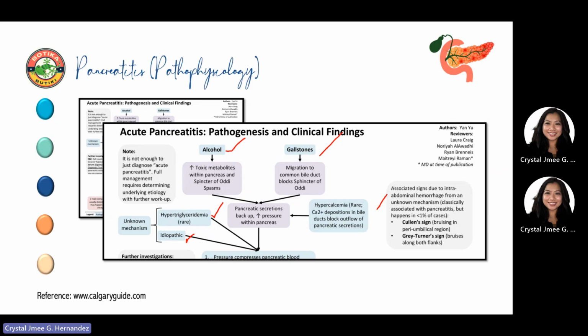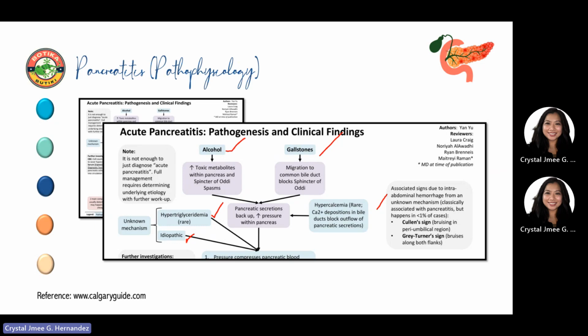Now, it should be noted that associated signs due to intra-abdominal hemorrhage from an unknown mechanism, which is classically associated with pancreatitis, happen in less than 1% of cases. We have to look at the Cullen sign, which is bruising in the periumbilical region, and the Gray-Turner sign, which is bruising along both flanks.